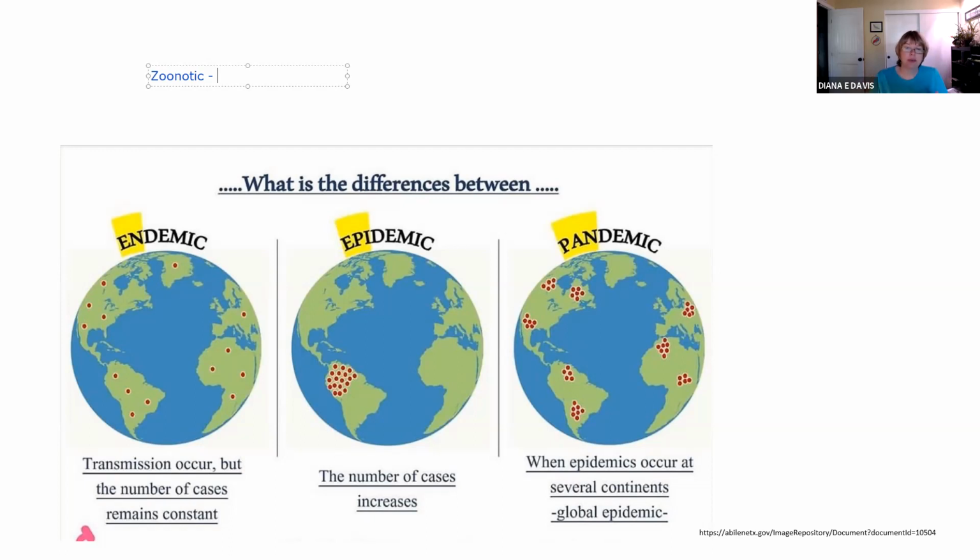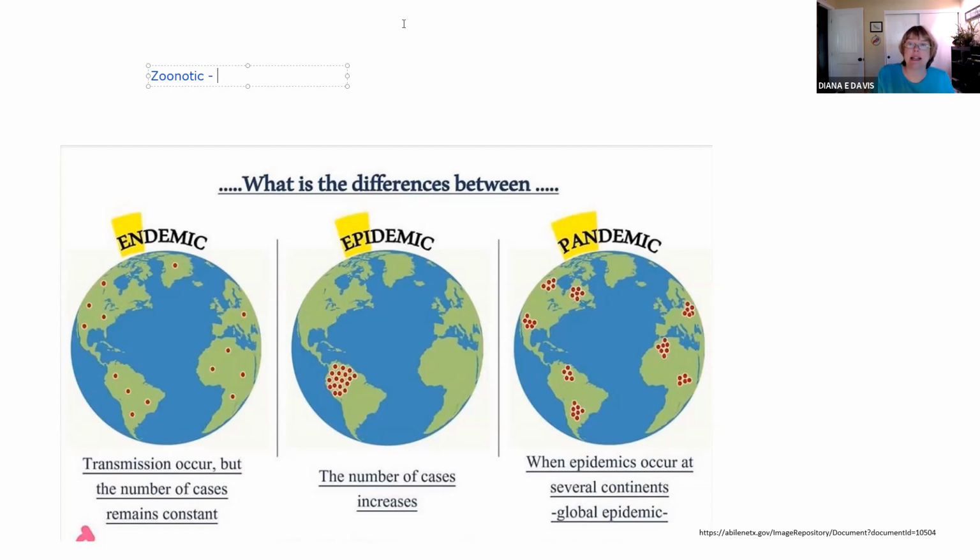Epidemics, there's more cases, slightly more widespread. Pandemics, widespread. There's not a specific number of cases or number of locations to separate epidemics and pandemics. Endemic is a term that is used where you've got transmission, it's in the population, and the number of cases remains relatively constant.